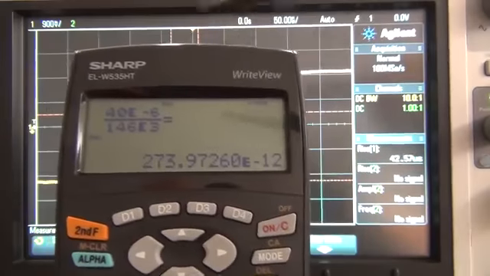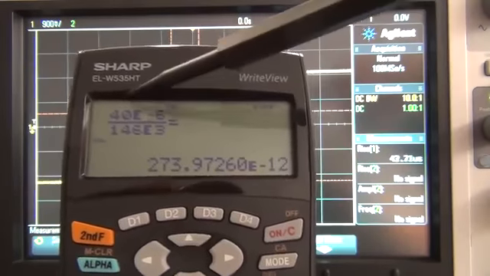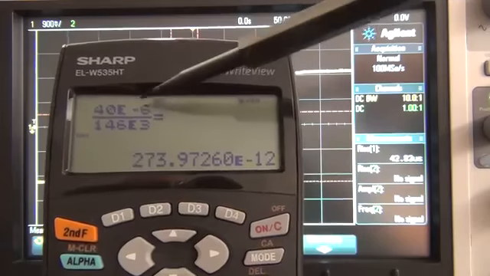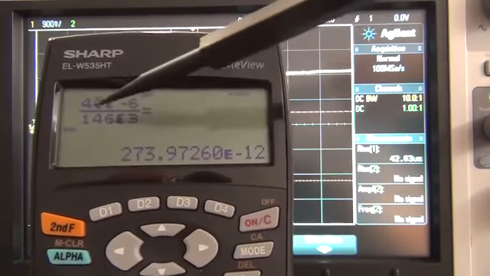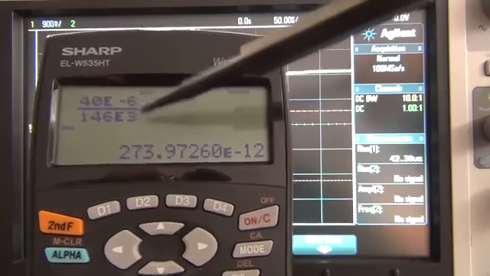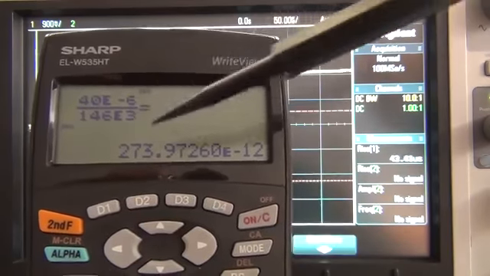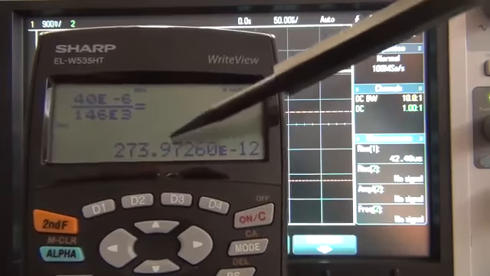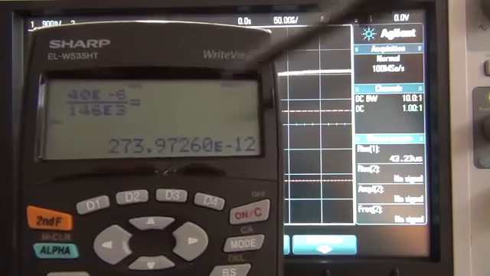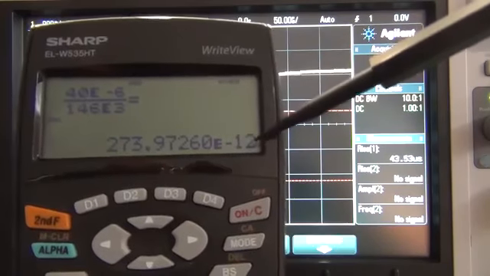Right, so I've just typed that into the calculator. We've got our 40 microseconds, that's 10 to the minus 6, divided by the resistance, which is 146k, so that's 10 to the 3. And that is equal to 273, or near as damn it, 274 picofarads.